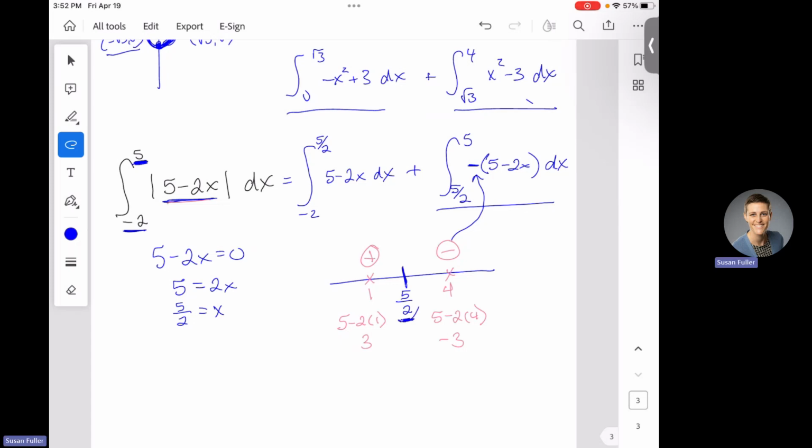So this 5/2 becomes your splitting point, and your bounds still go from -2 to 5. Where you're positive, you keep your function the same, and wherever you're negative, you add that negative in front of your y values to make them positive.